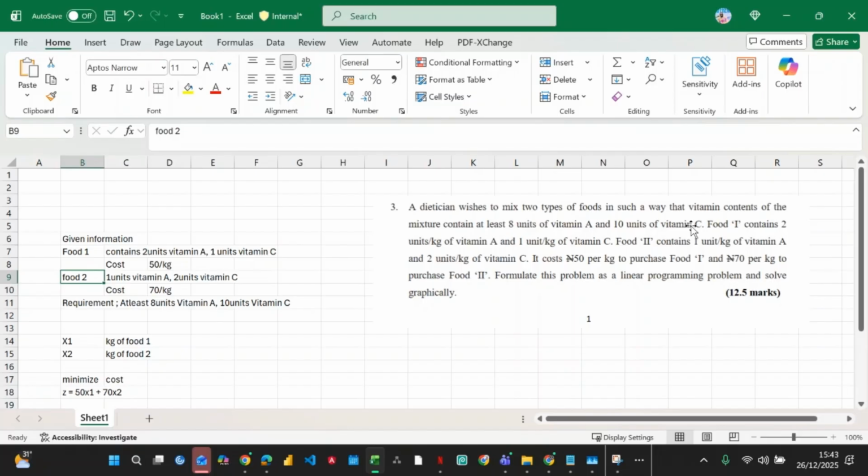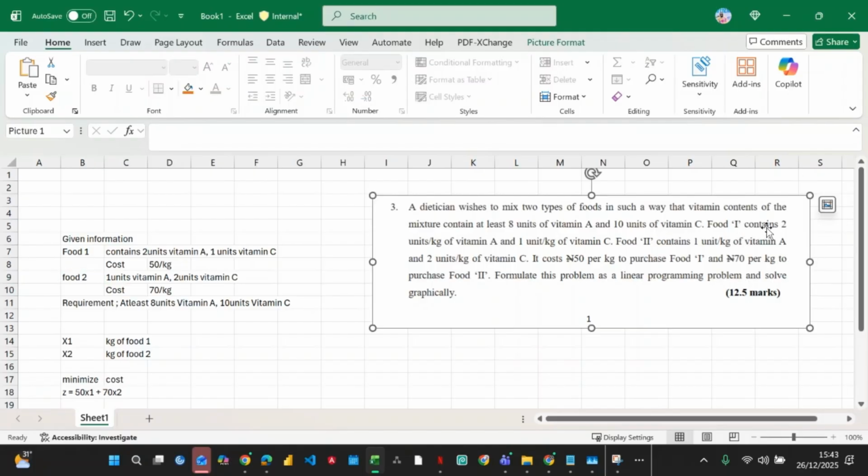But what we currently have is two foods. Now we go to the market to buy the food. They said the content of food one is 2 units per kg of vitamin A and 1 unit per kg of vitamin C. That is what is inside our food.